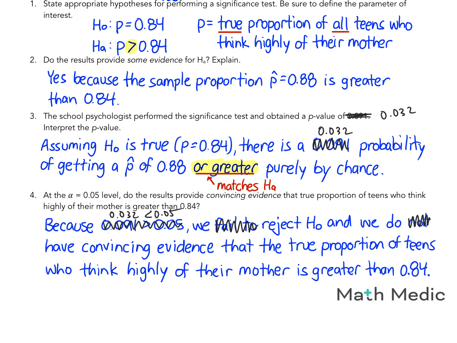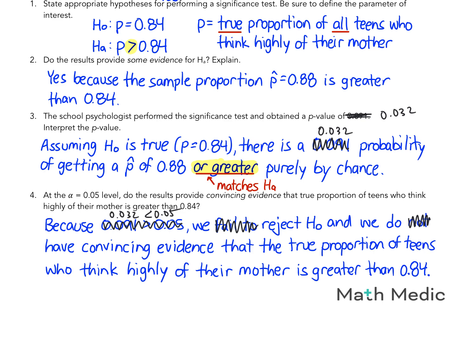One thing I want to point out to us, we have not proven that the true proportion is greater than 0.84. We have evidence, that's it. We've proven nothing. If we fail to reject the null, we still have proven nothing. Okay.